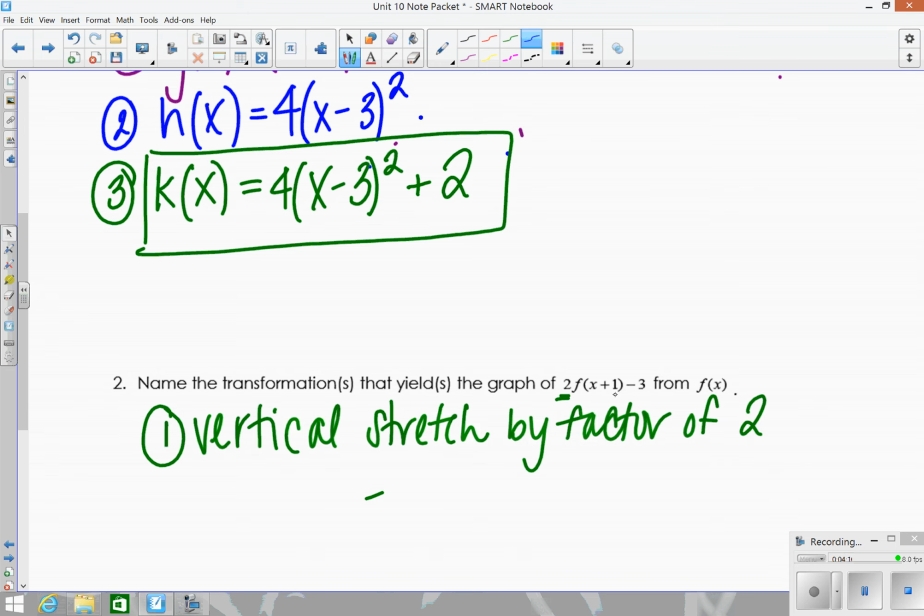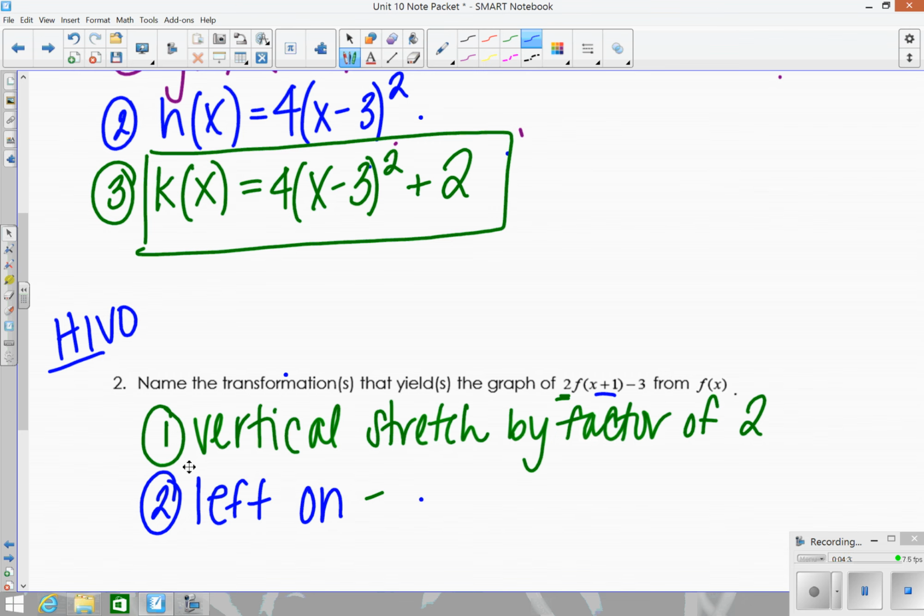Well, the next thing that's different compared to f of x is this +1, x plus 1 on the inside. So since that's on the inside, again, remember HIVO, it has to be horizontal because it's on the inside, and you do the opposite of what you think. So that means you would be going left 1 unit. So I'm going to write shift left 1 unit.